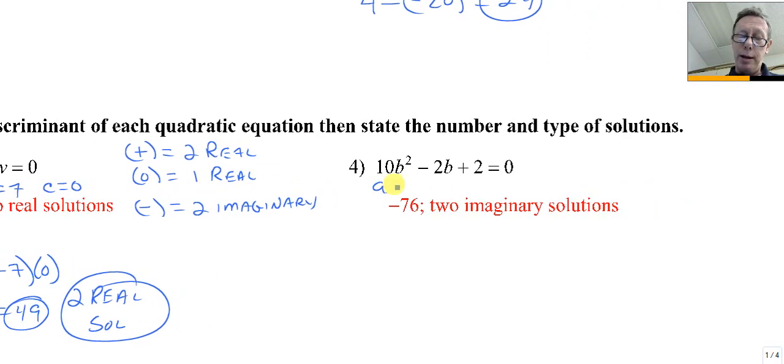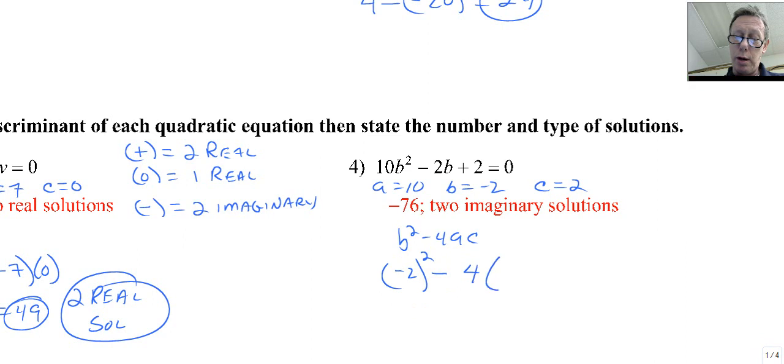I have a is equal to 10, b is equal to -2, c is equal to 2. So b squared minus 4ac, b is -2, so b squared is -2 squared minus 4 times a times c. -2 squared is 4, minus 20 times 4 is 80.